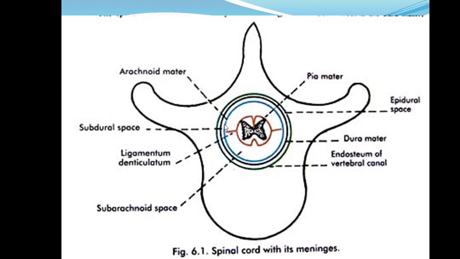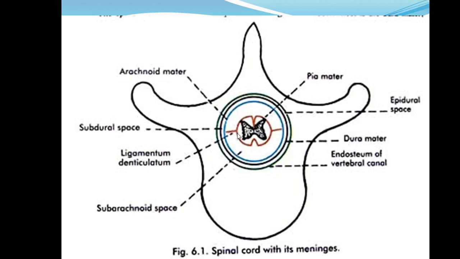Between the dura and the arachnoid it is the subdural space, and between the endosteum of the vertebral canal and the dura mater you find the epidural space.